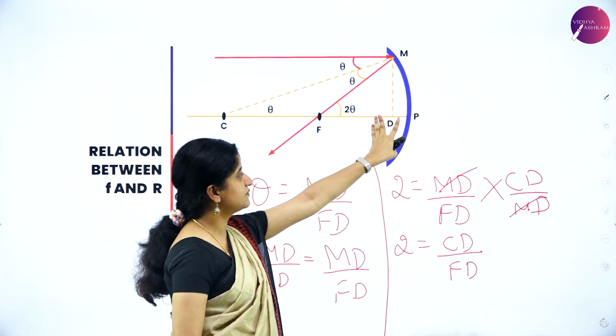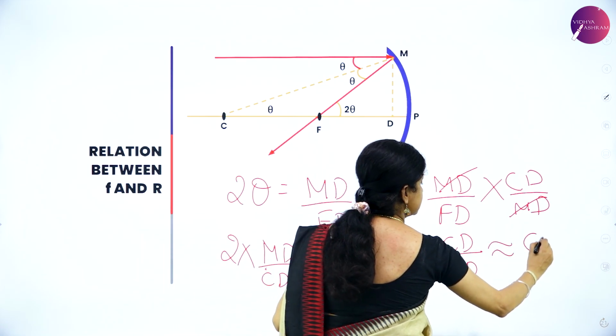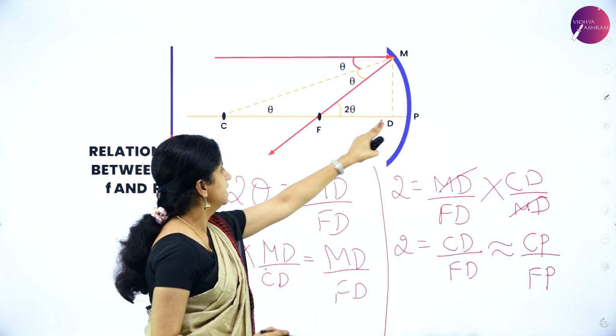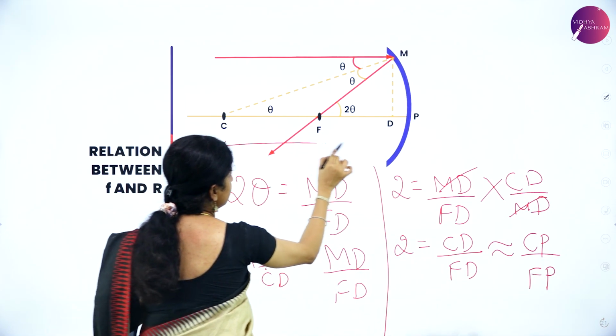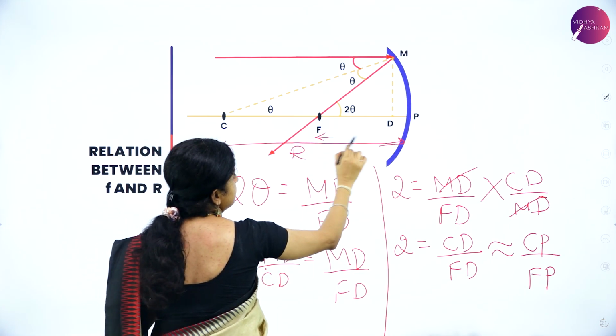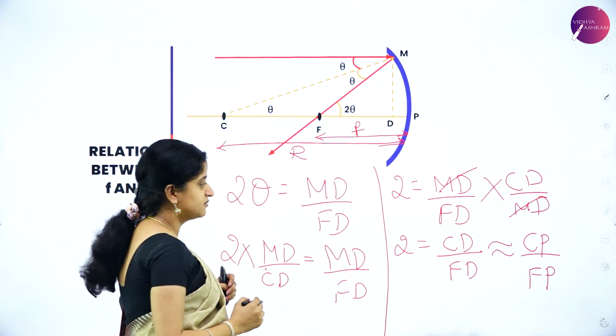Since D is very close to the pole, we can even write it as CP divided by FP. So what is CP? It is nothing but the distance between the center of curvature and the pole, that is given by R. And FP is the distance between the principal focus and the pole. It is given by small f, that is the focal length.